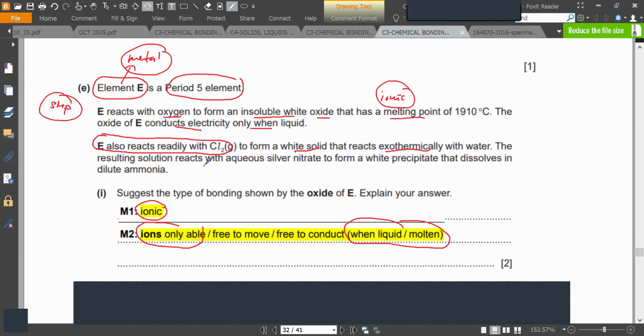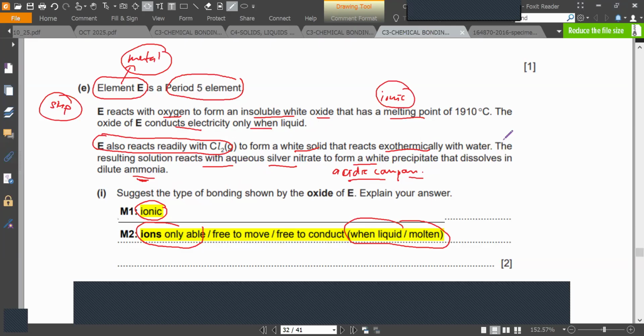The resulting solution reacts with aqueous silver nitrate to form a white precipitate that dissolves in dilute ammonia. So this means it is an acidic compound, because it can react with ammonia.